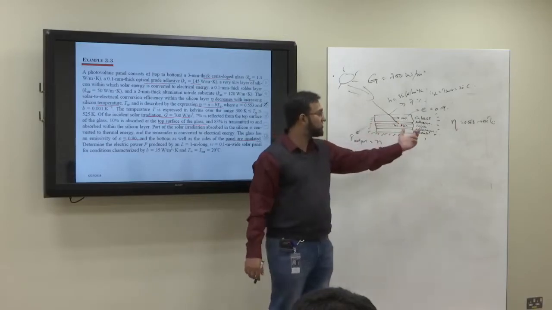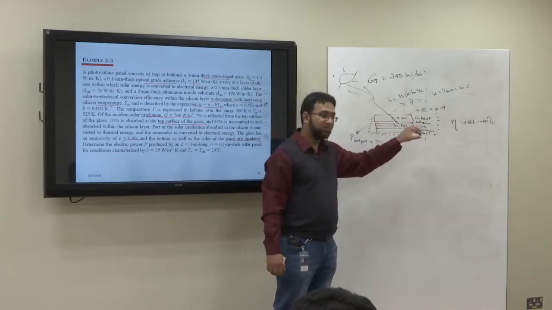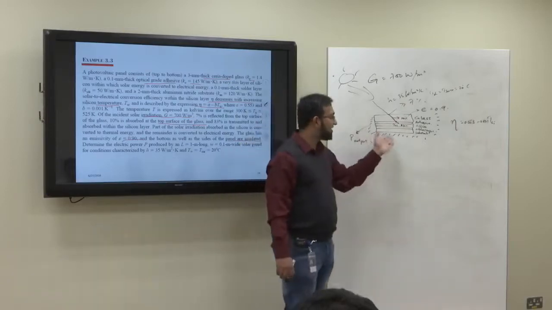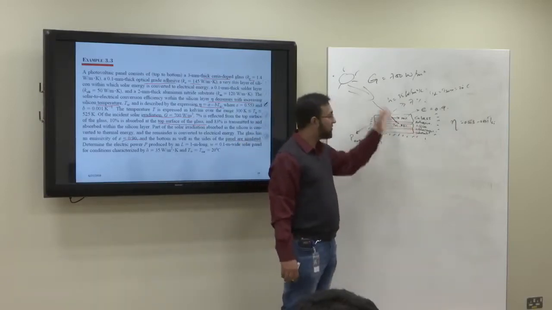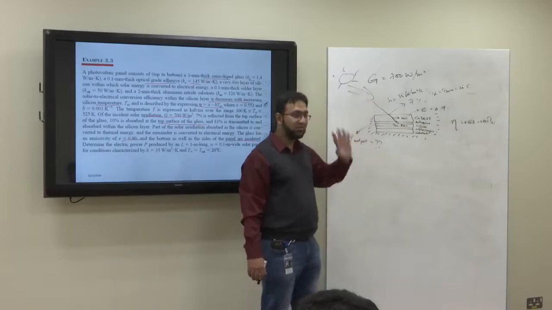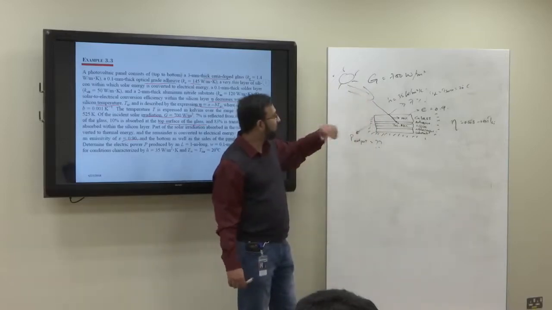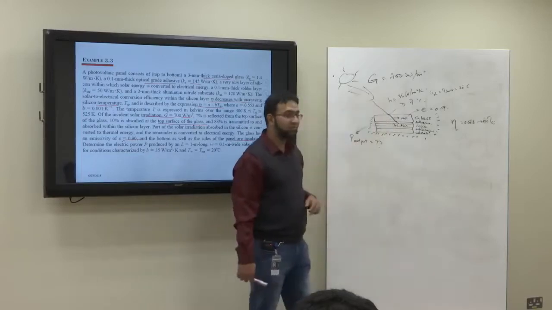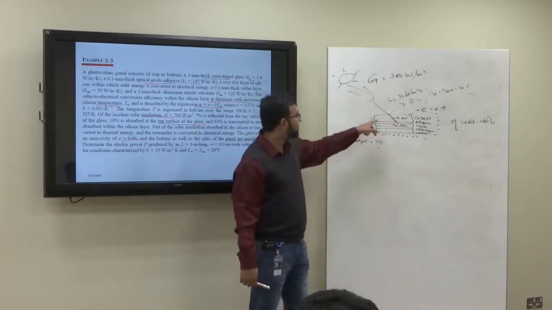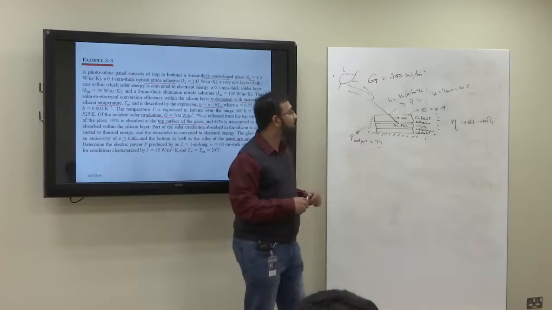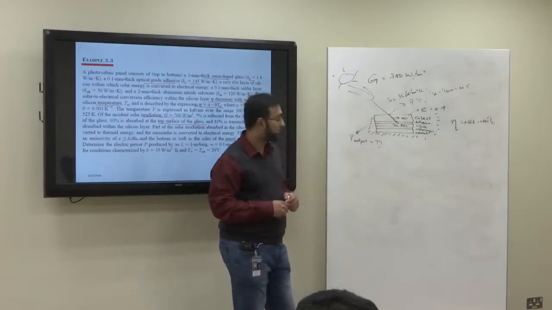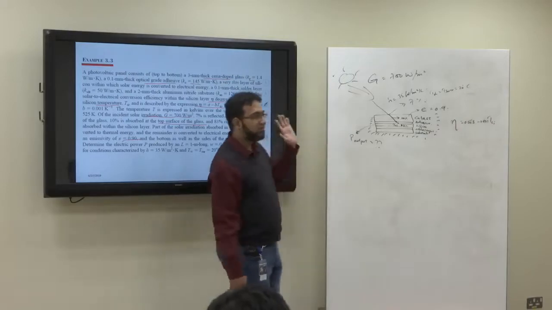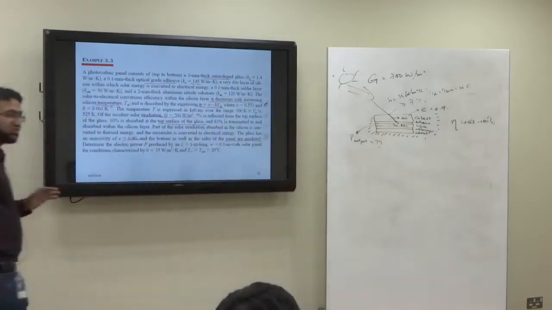Silicon has an efficiency, it produces electricity, the remaining converts into heat. Heat cannot be rejected from the sides and the bottom, it has to be rejected from the top side. At the top we have the convective heat transfer coefficient of 35 watt per meter square Kelvin. Emissivity of the glass is 0.9, T infinity, T surrounding is 20 degrees centigrade. We need to find out the power output. Do you understand the problem statement or not?